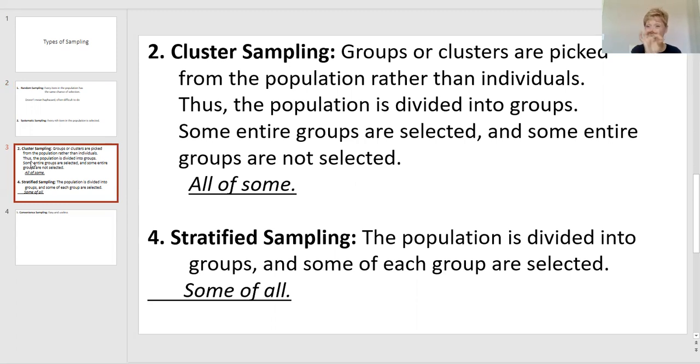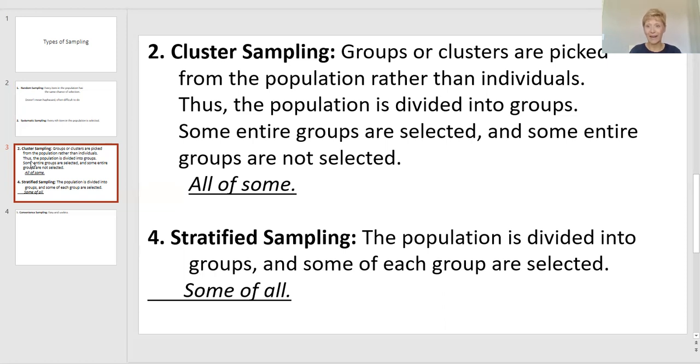So rather than picking individual things on a cluster, you're picking groups of things. So you pick all of this group and all of this group and all of that group, and none of that group and none of that group and none of that group. All right, so that's why I say all of some. All of some groups are picked and all of some groups are skipped or not picked.